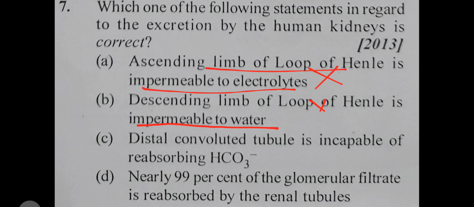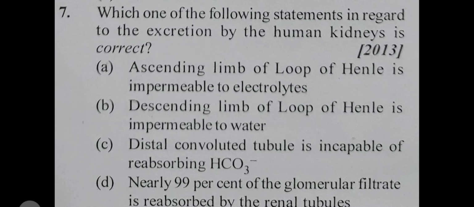And the third option is the distal convoluted tubule is incapable of reabsorbing bicarbonate. Here the function of the distal convoluted tubule itself is reabsorption. It won't prevent bicarbonate from being reabsorbed. It has the capacity of reabsorbing bicarbonate. So this statement is also false. And the fourth statement is nearly 99% of the glomerular filtrate is reabsorbed by the renal tubules.